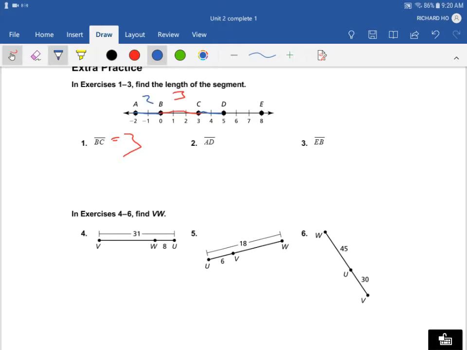So this blue segment is 2 and this blue segment is 2. So the whole distance from A to D is 2, 3, 4, 5, 6, 7. And then for EB, you add on this segment here, which is another 3. So from E to B, it's the 3 plus the 2 plus the 3, which is 8.